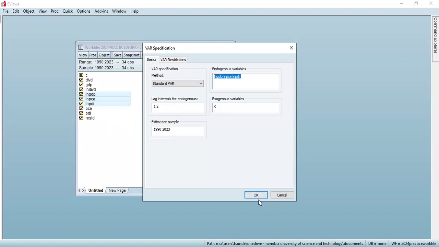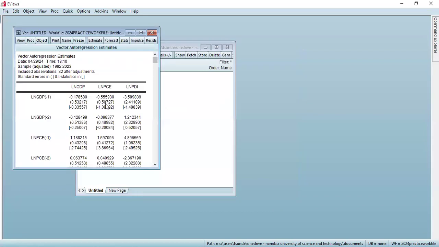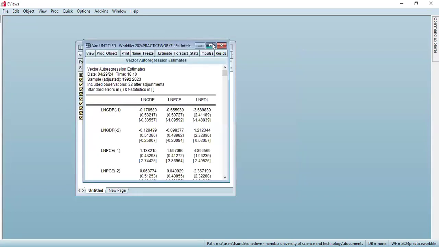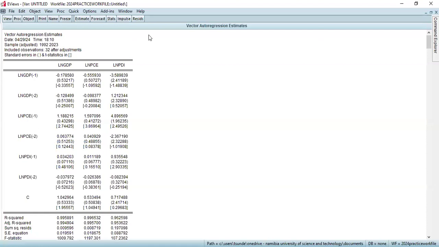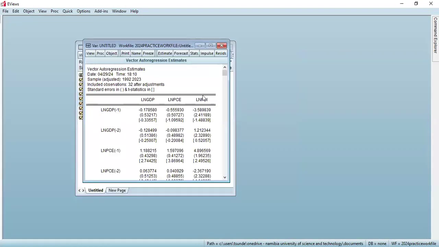To estimate this VAR, you just click on OK. And these are the results that you get. If you look here, you can see this is the standard error in the middle. This is the coefficient of the variable at the first lag. The number in the round brackets is the standard error. And the t-statistic is the one in the square brackets.